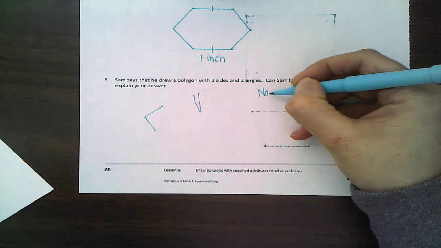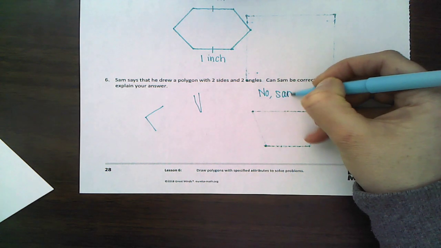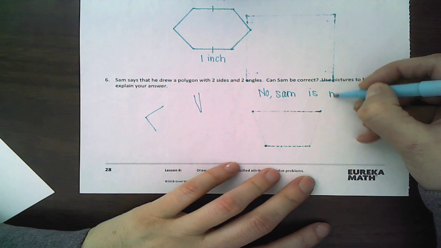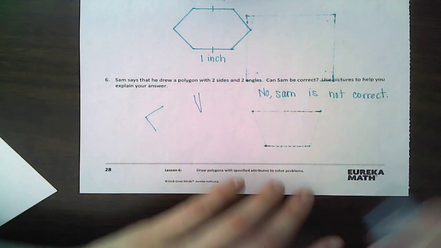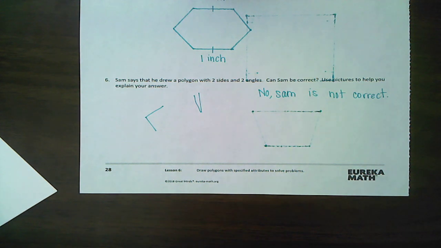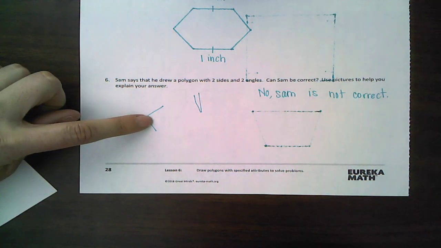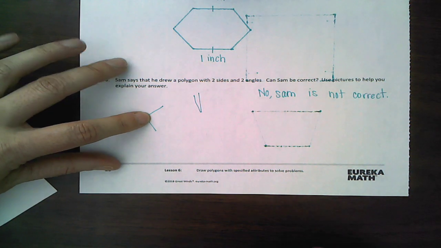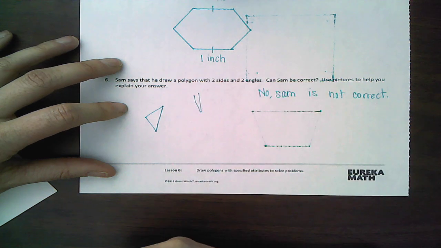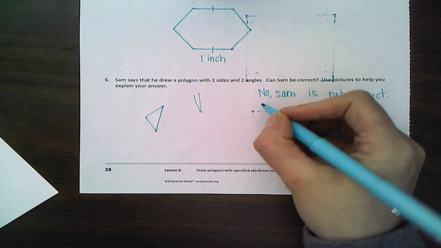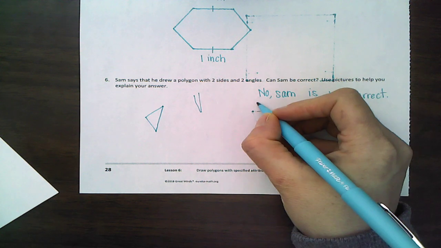So let's explain why Sam is wrong. First, let's say no, Sam is not correct. Why isn't Sam correct? Yeah, he cannot. There's no shapes that only have 2 sides. The least amount of sides you can have is 3, right? So let's say exactly that.